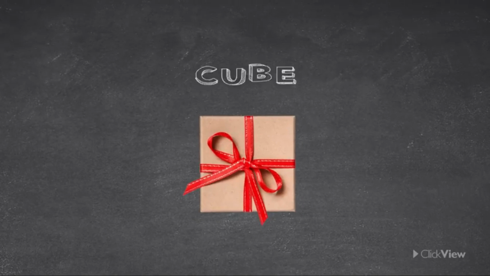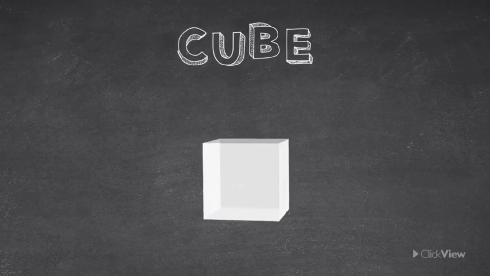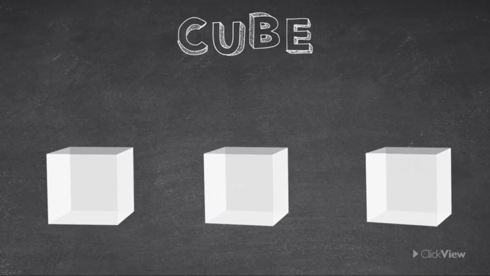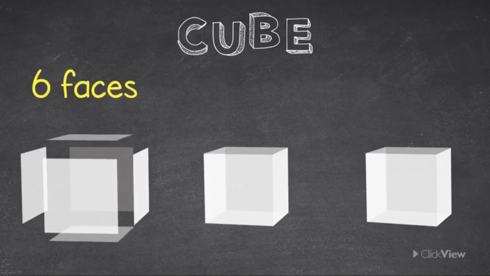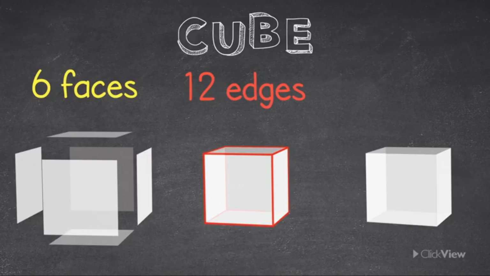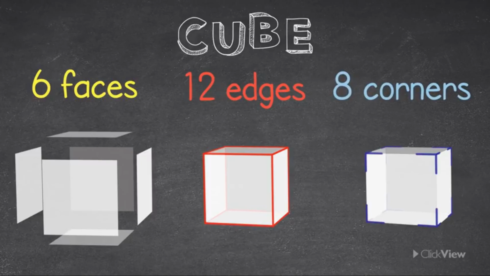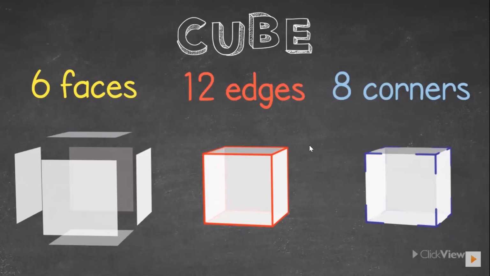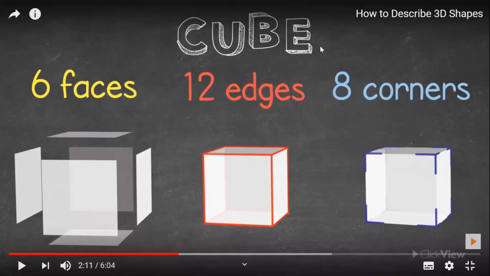This shape is a cube. A cube has 6 faces that are identical, 12 edges, and 8 corners. So, this shape in front of us is called a cube.